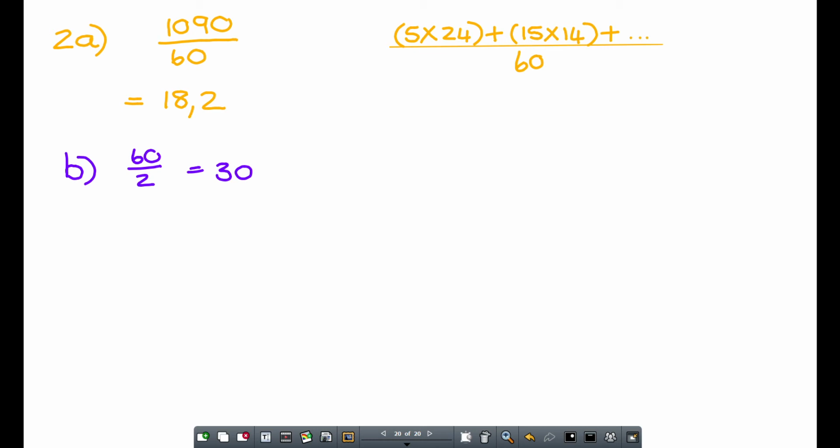Nou, by B vra hulle weer vir my die mediaan, so that's the middle. Okay, so I had 60 athletes. I divided by 2, which means that the median would be at athlete number 30, nee? It's going to be 30, 31, nee? Okay, maar nou moet ons gaan kyk. Waar gaan 30 lê in watter klas? So the first class interval, the frequency was 24.